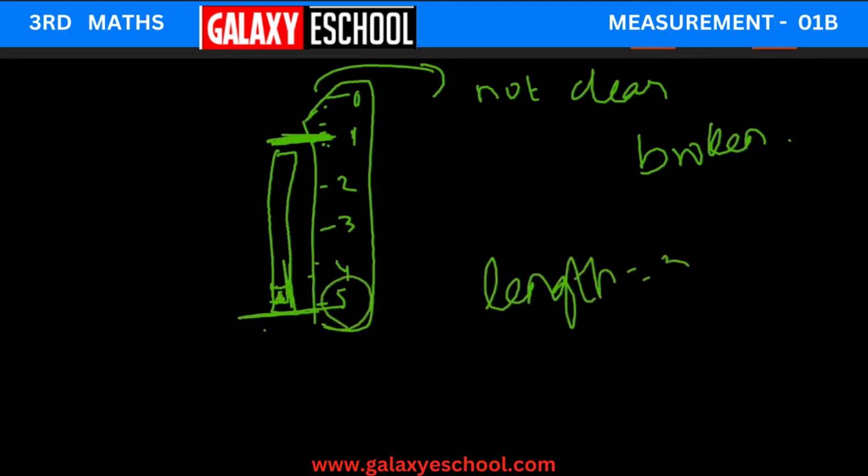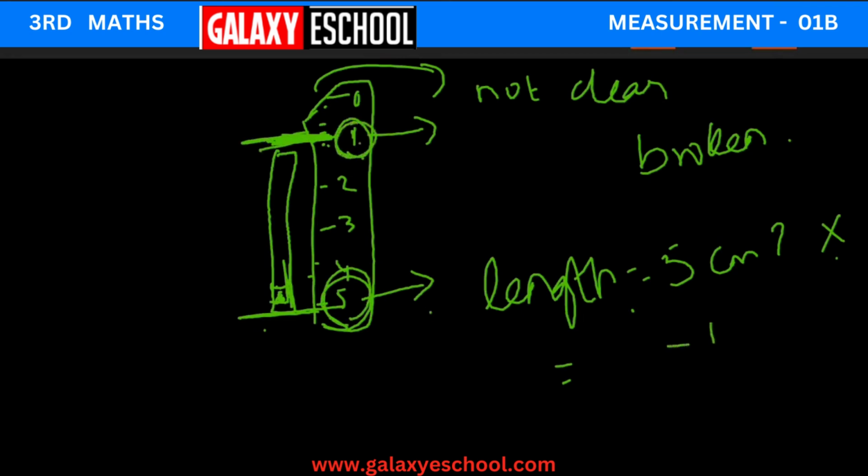Will it be 5 centimeters? No. How do we find out the length? We have to subtract 5 and 1. We have to subtract the markings at both the ends. At this end point, the marking says 1. We have to subtract it from the marking at the other end point, that is 5. 5 minus 1 is equal to.